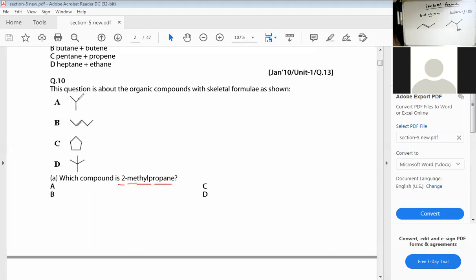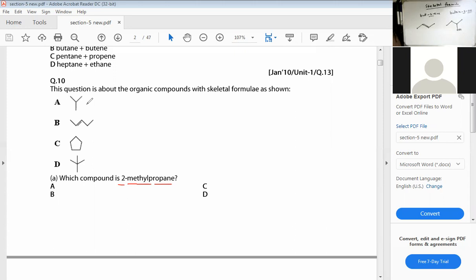Can you say which one is 2-methyl propane? Or first tell me, option A, what is the name of A? Tasin, can you try?